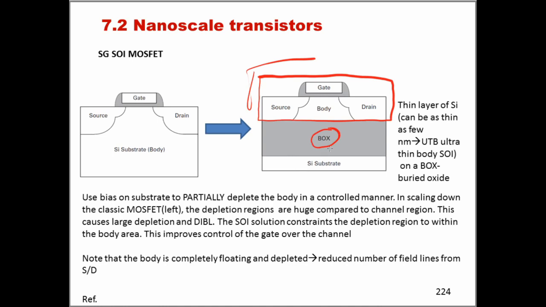This is an insulator, and it's called a box, which stands for buried oxide. So as we can see, the silicon that is used to create source, drain, and body is an extremely thin part that is exactly on top of this box. Hence silicon over insulator. So the silicon is on top of the oxide.